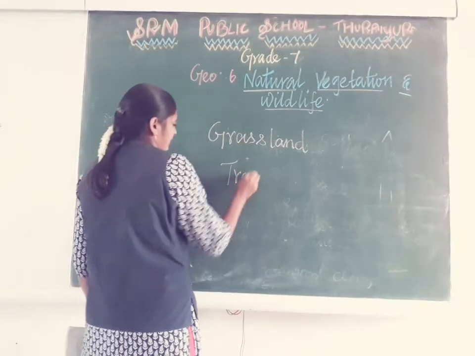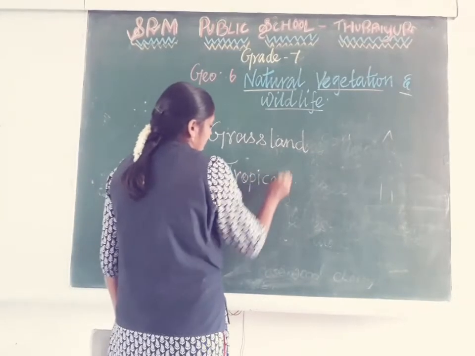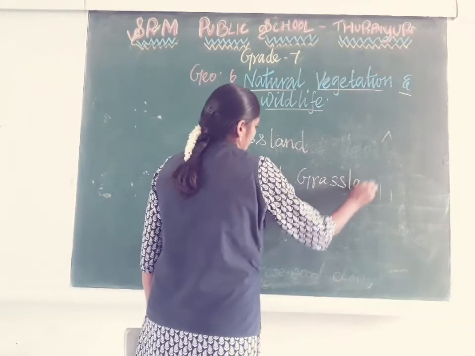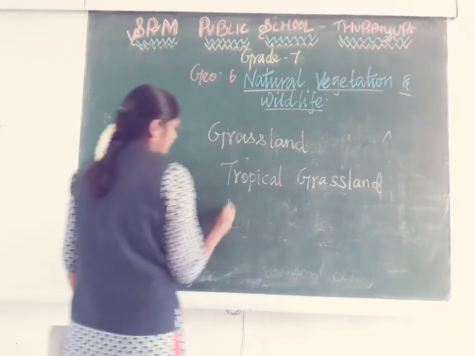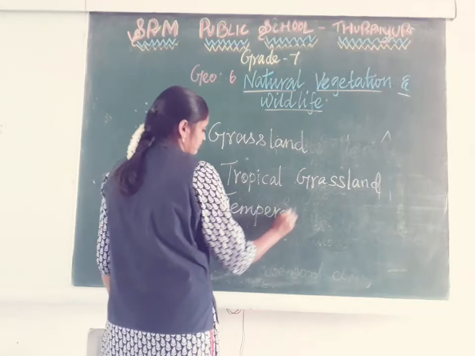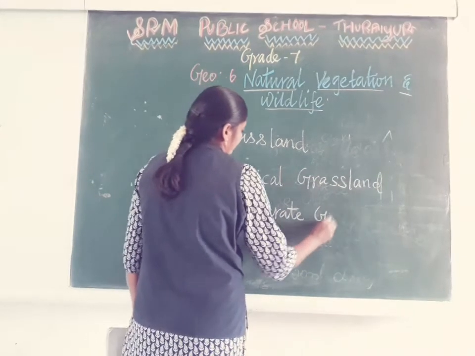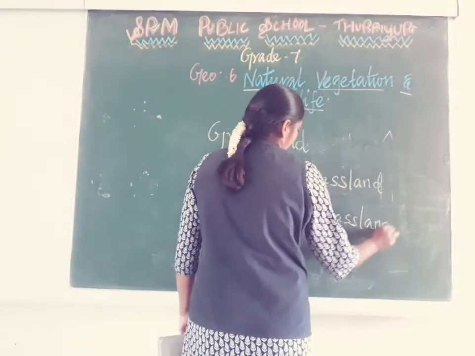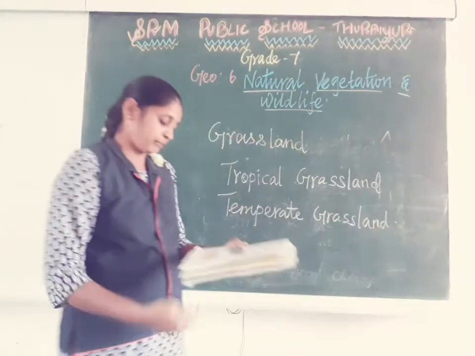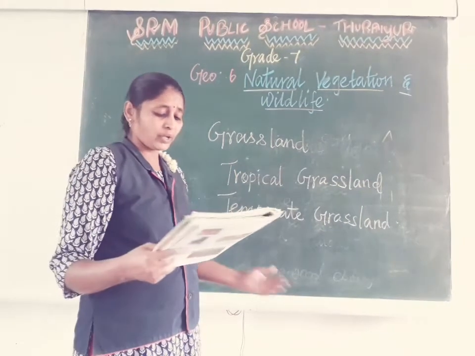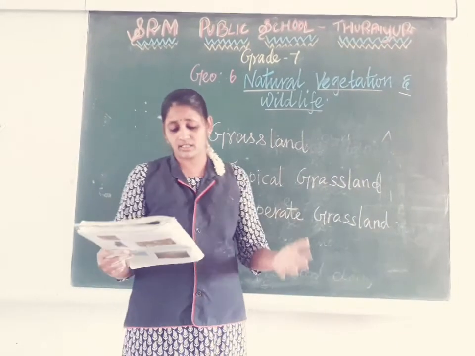Tropical grassland and temperate grassland. Why is this called grassland?